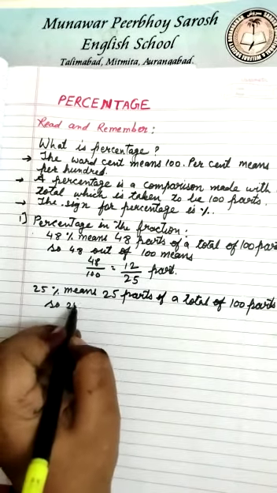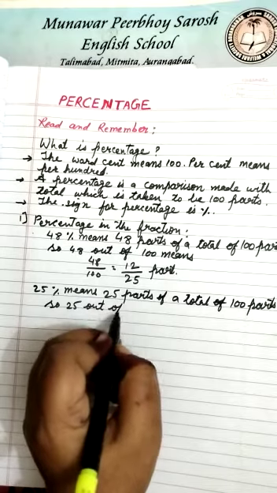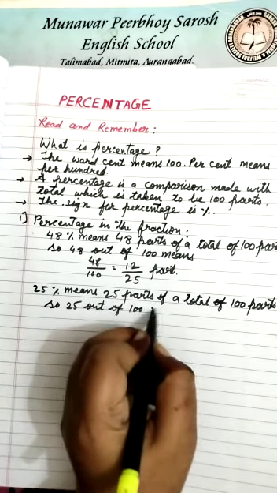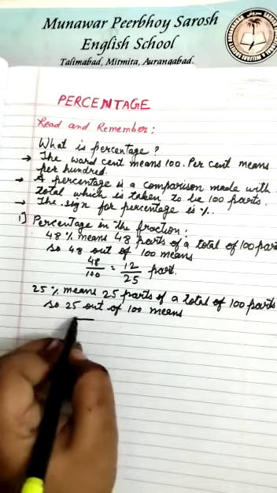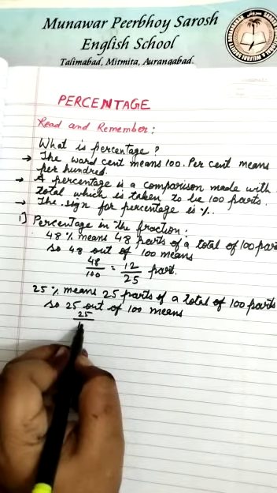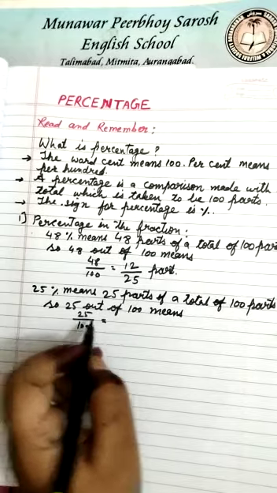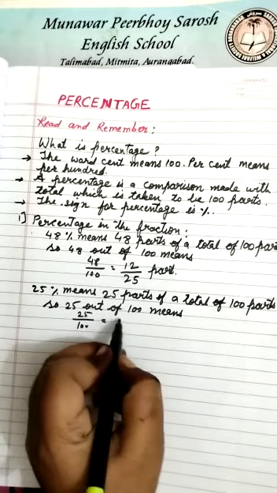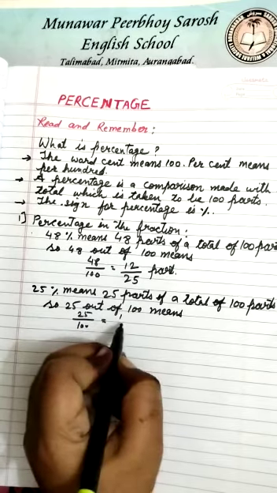So 25 out of 100 means 25 upon 100 is equal to, we have to divide 25 by 100.